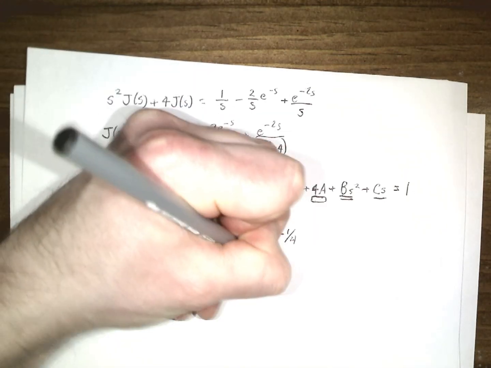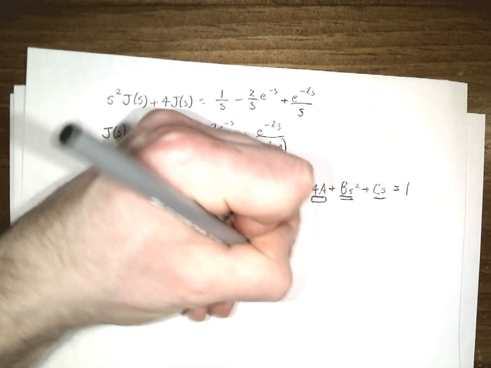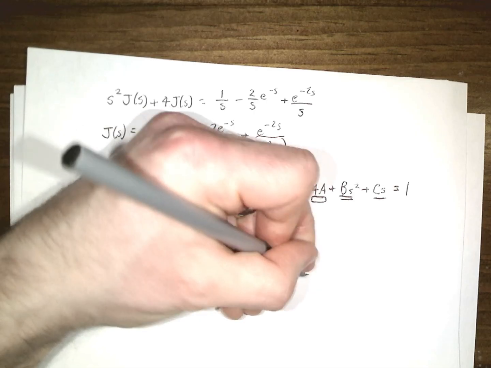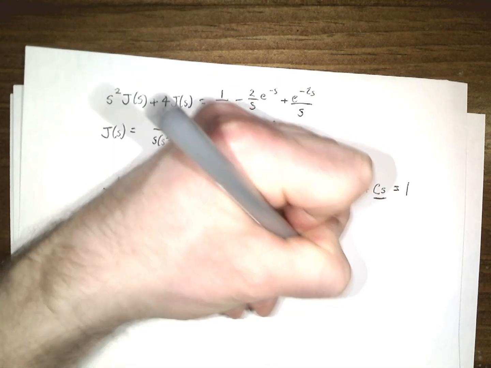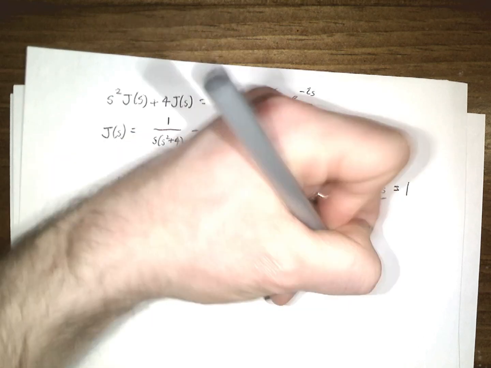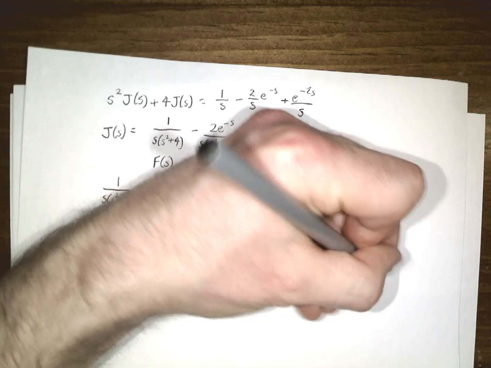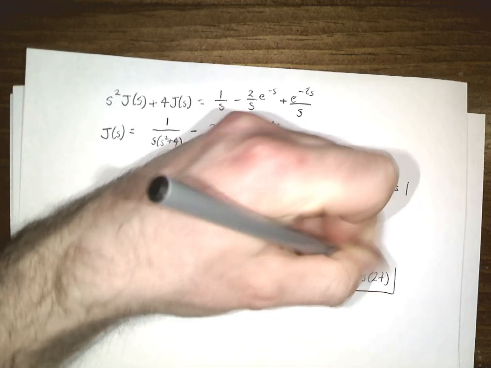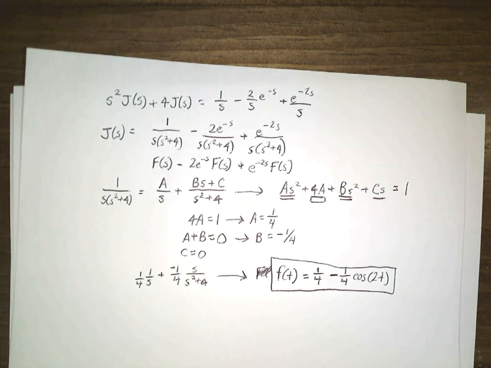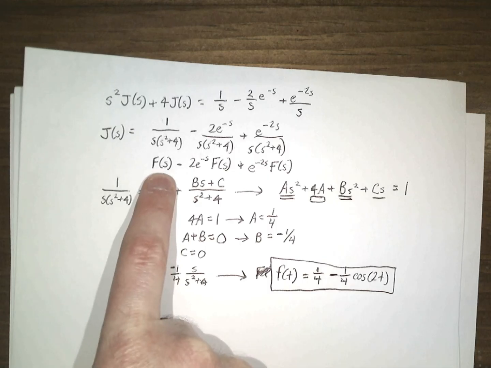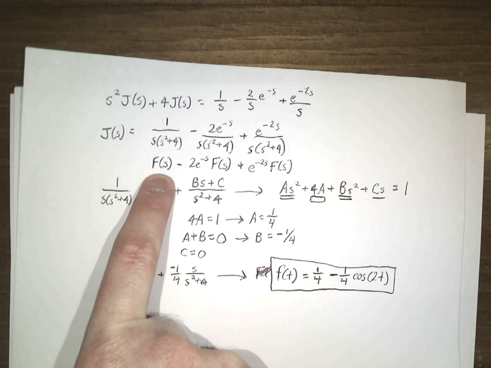So looking at this, we get that little f of t should be equal to 1/4 minus 1/4 cosine of 2t. Now, this function is what this one turns into when we apply the inverse Laplace transform.